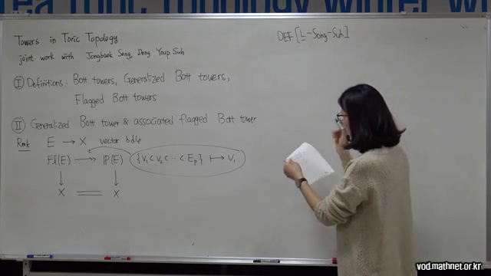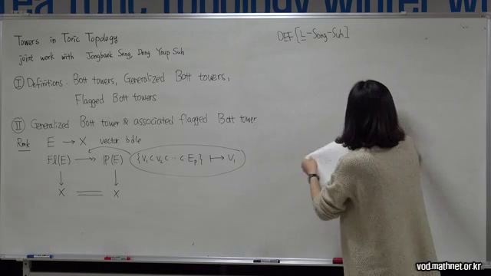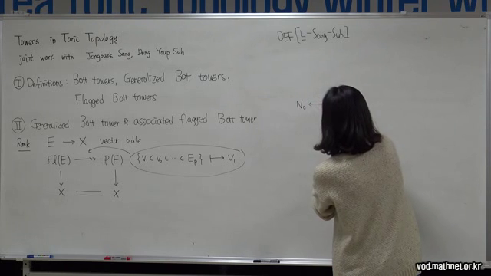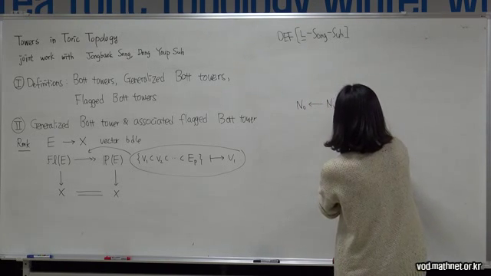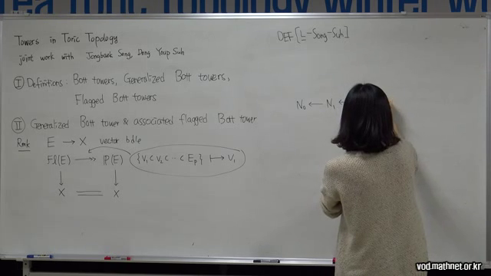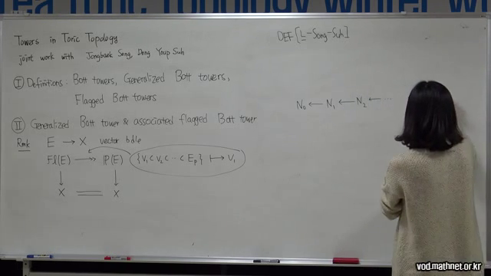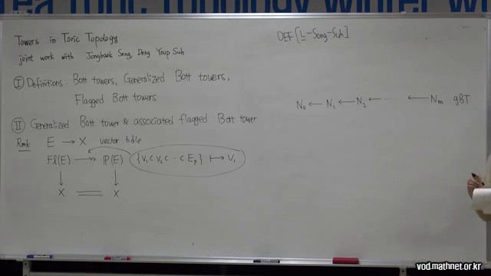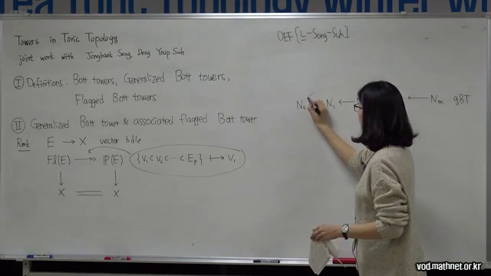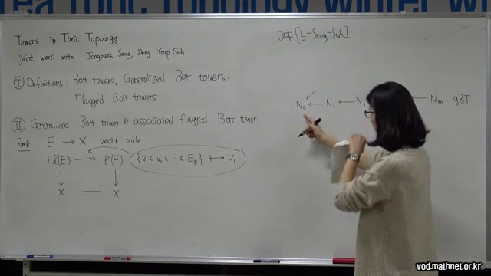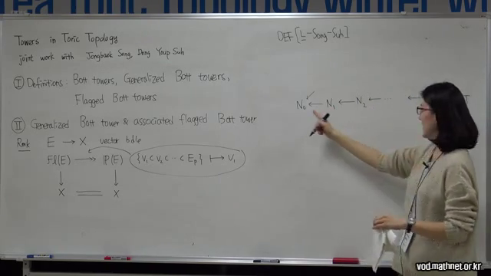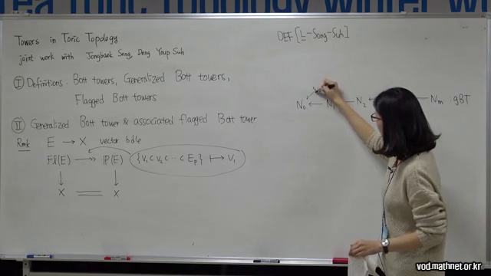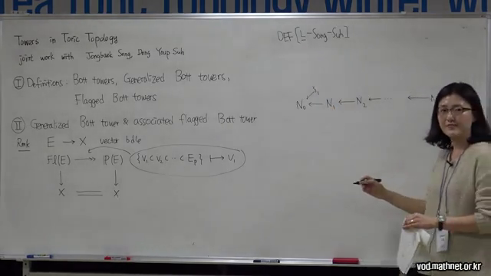So let's say I have N0, N1, the generalized Bott tower, and N2, up to N_M, the generalized Bott tower. When you make the first stage generalized Bott tower, we just take the vector space, and I will denote it by E1.